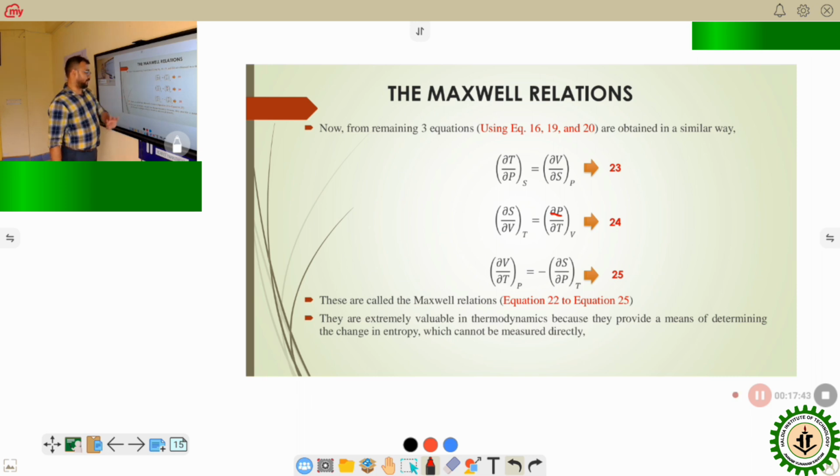It will be the fourth one. These Maxwell equations are extremely valuable in thermodynamics to give the calculation procedure for the change in entropy, which cannot be measured directly.